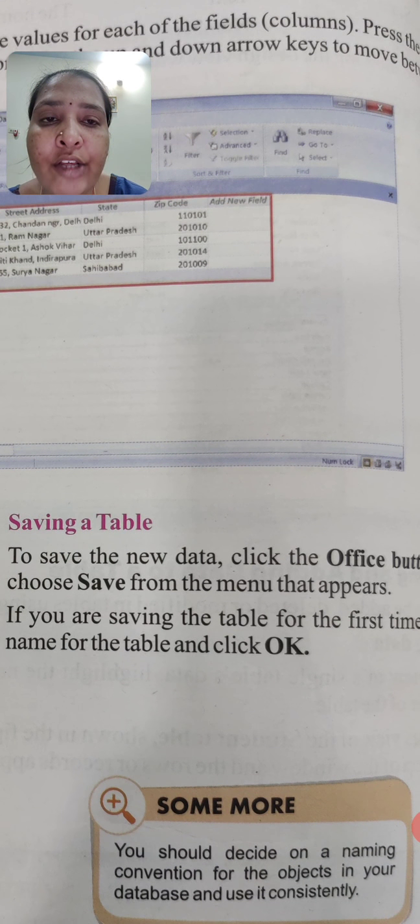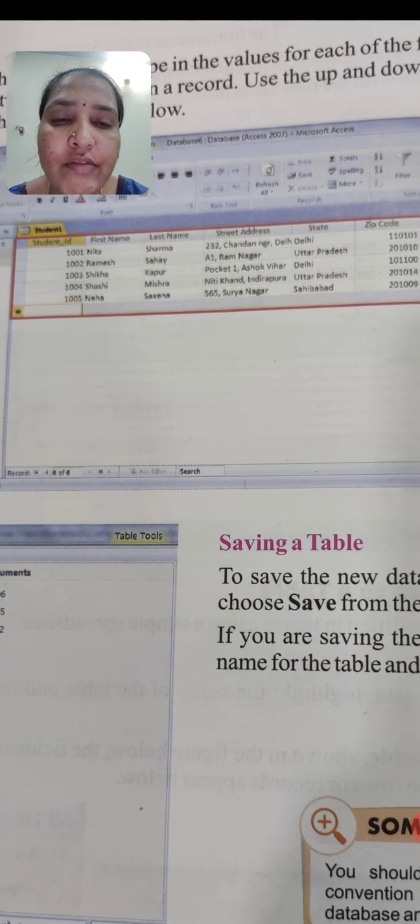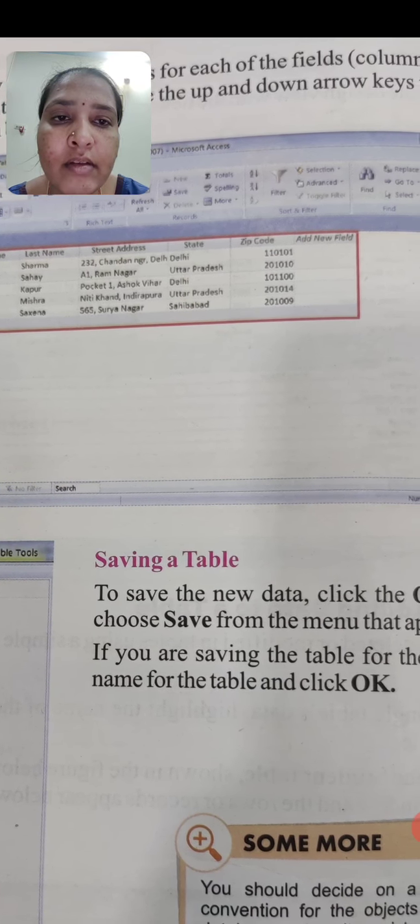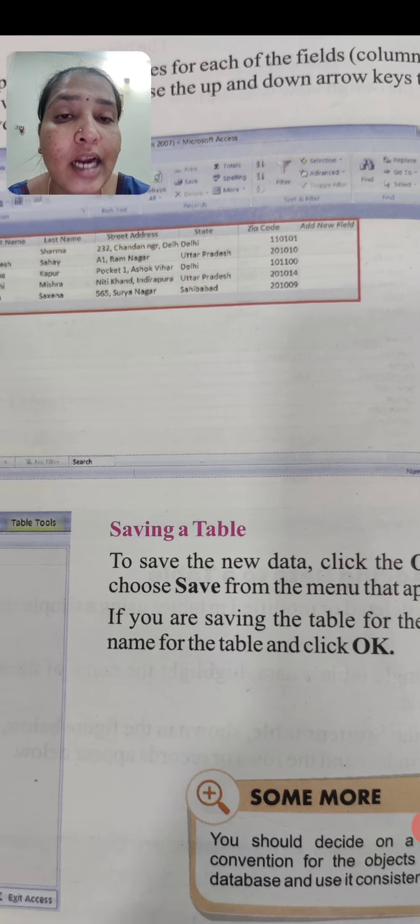And see here, a blank add new field has been created. In that we can give, for example, they have not given the class, which class they are related to. We can give the name class for the add new field, and give the entry as data for the student, which class he belongs to. This is how we can add data to fields.